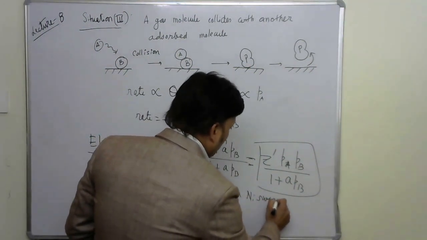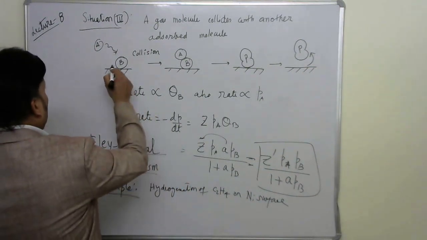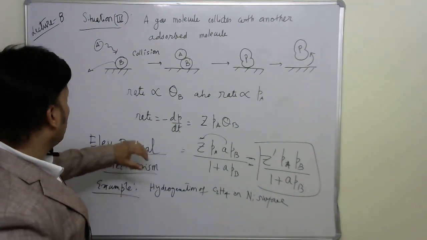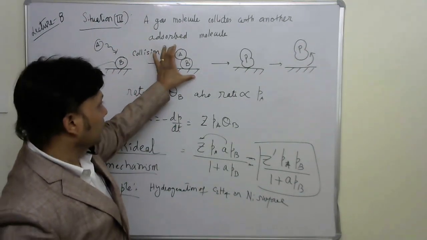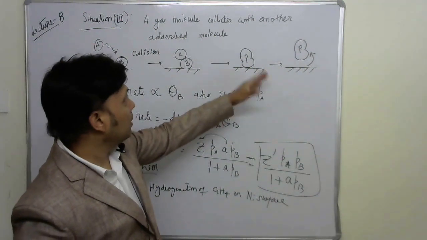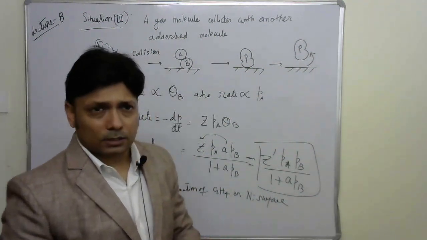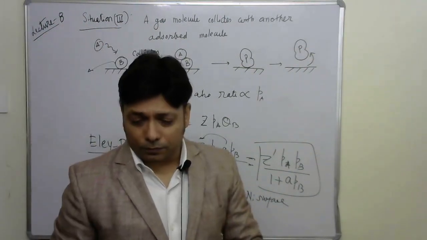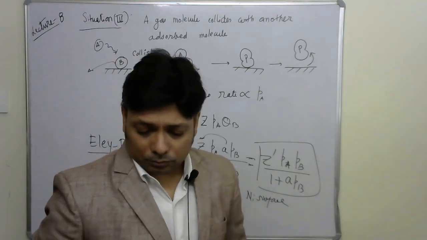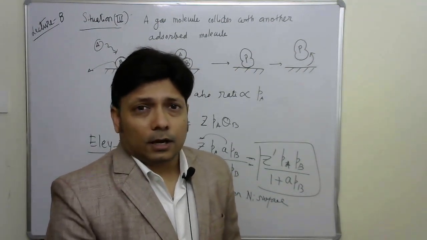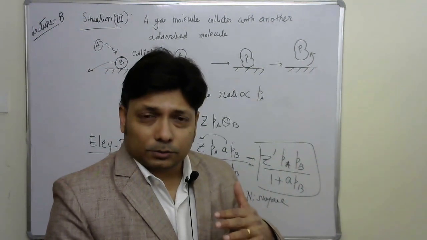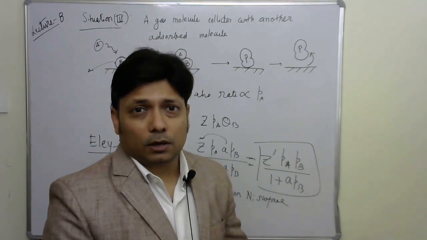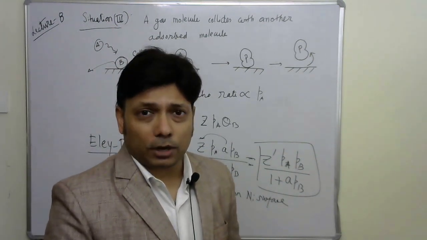If we remember the mechanism, this one was our hydrogen B gas adsorbed on the surface, and the molecule colliding is the ethylene. So the reaction happened, and we had the active catalysis. Remember, these are the three major types of solid gas heterogeneous catalysis, and heterogeneous catalysis is one of the most important chemical transformations that takes place industrially.